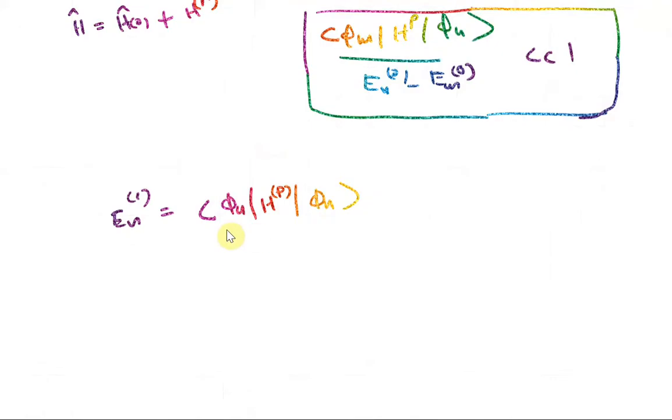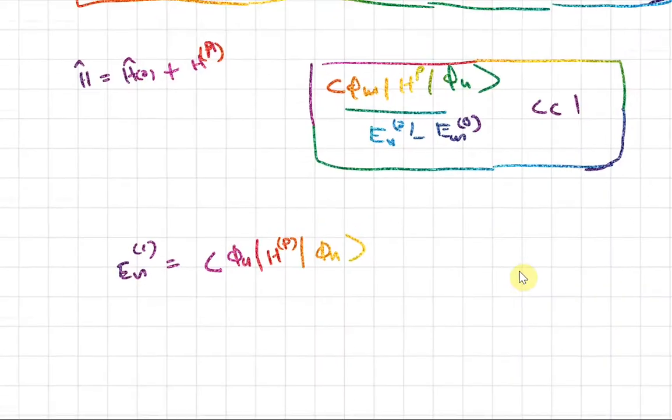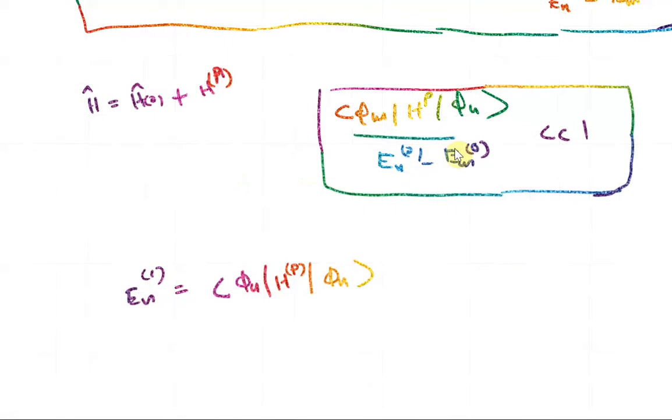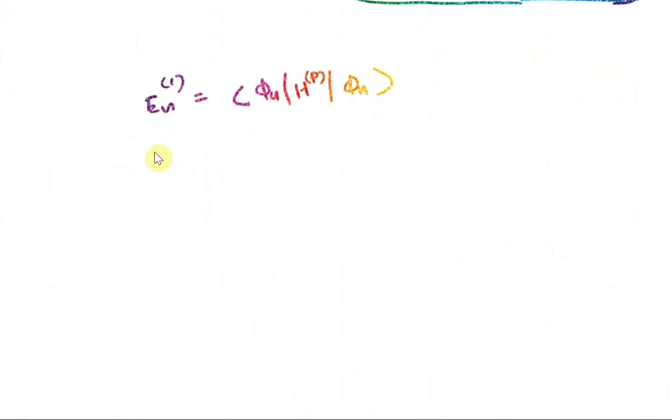Second order correction has a similar form, but you will have different states on both sides. It's not phi n phi n, it's phi m phi n, and the square term will come, with a denominator En0 minus Em0.